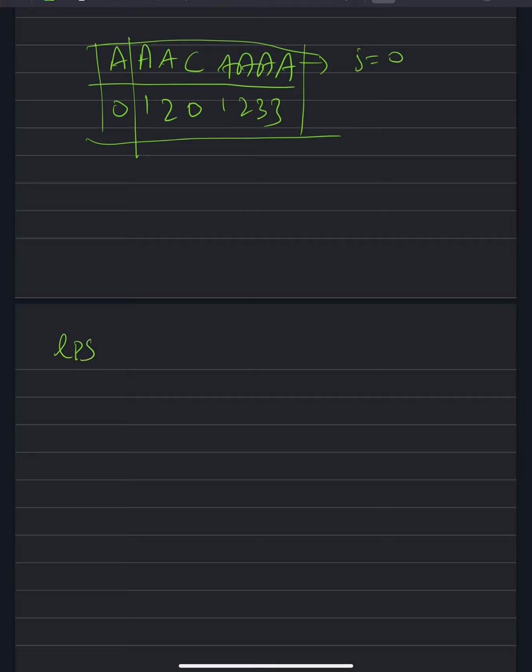Let's have one LPS array of size m, where m is the size of the pattern array. And let's have two variables. One is I equal to 0, which will traverse this pattern array, and the other will be previous LPS, which will store the previous LPS.